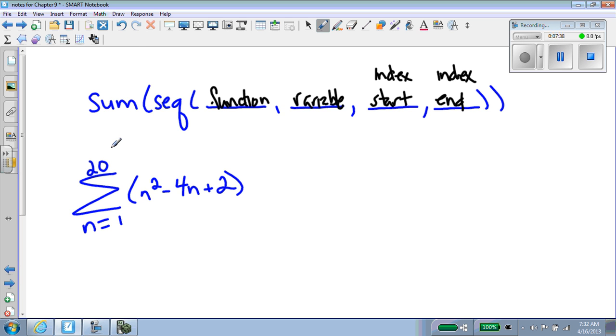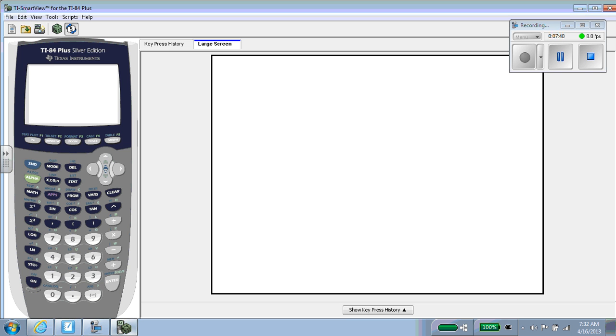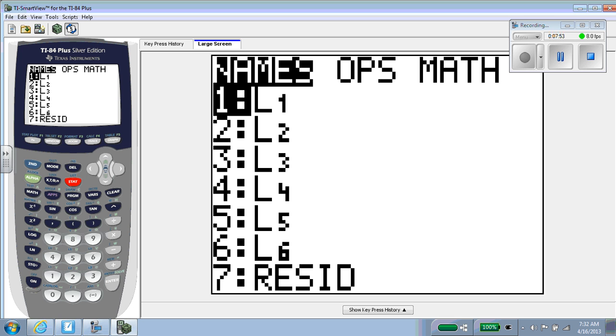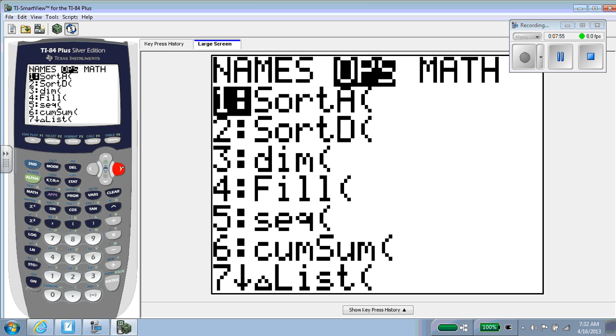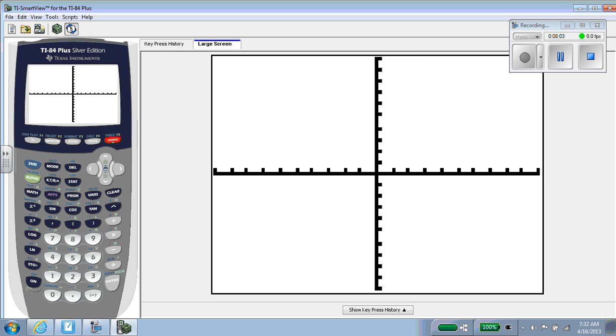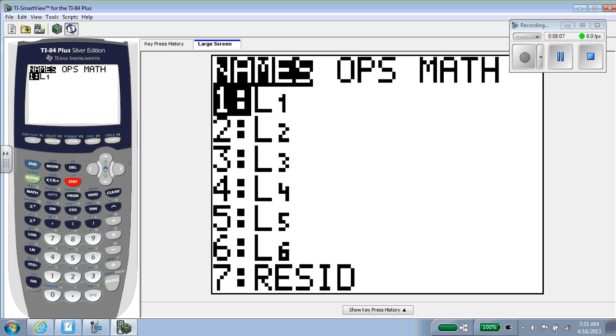So I'm going to go out to my calculator. It is under list. So it's the second function of statistics. The second function of statistics is list. And if we arrow over, we have under operations, we have sequence. And under, oh dear, second function of list.